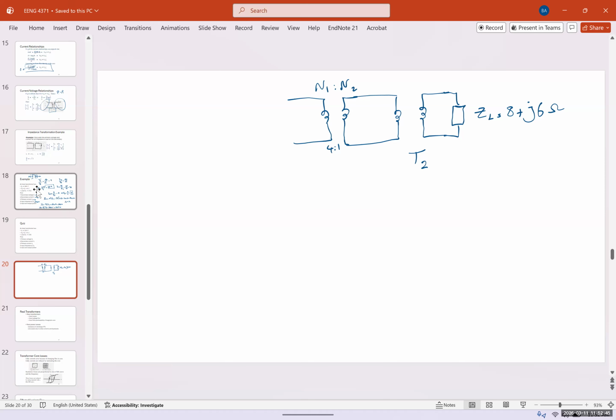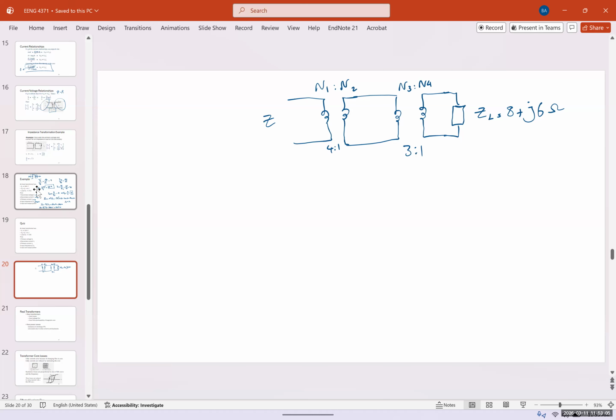Okay, so the first one is 4:1. And for N3, N4, it's 3:1. Okay. Now, we want to find the equivalent impedance referred to the input of transformer 1.